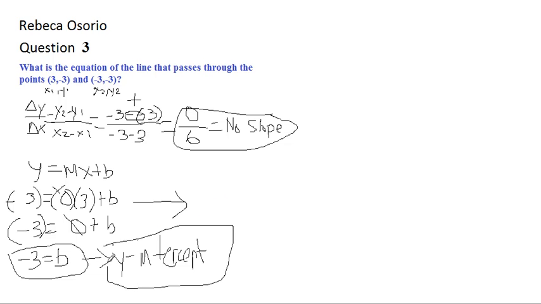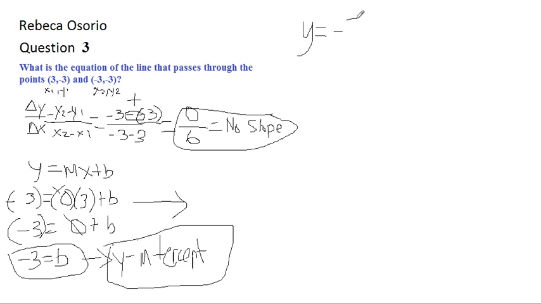So what we would do now is write out the equation in slope-intercept form, y equals mx plus b, with m being the slope, which is 0, so we can't write anything there, plus the y-intercept, which is -3.